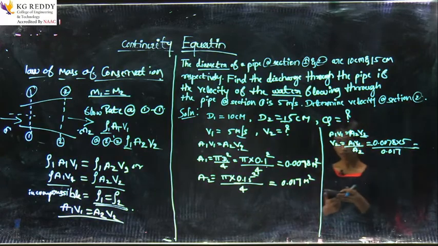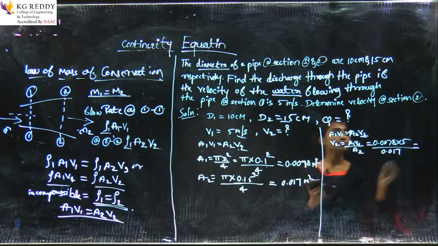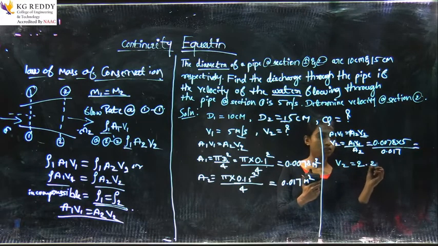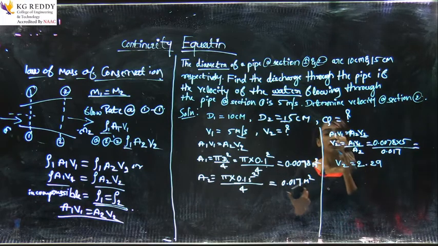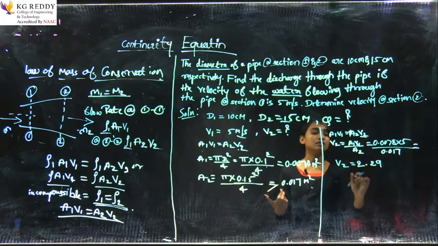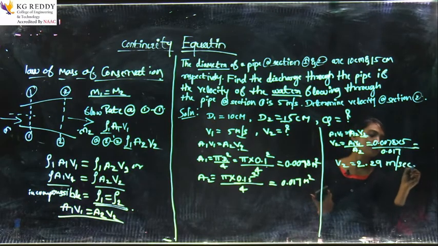So now we will calculate 0.0078 into 5 divided by 0.017. So we got V2 as 2.29. What is this unit? All is in meters, so meter per second.